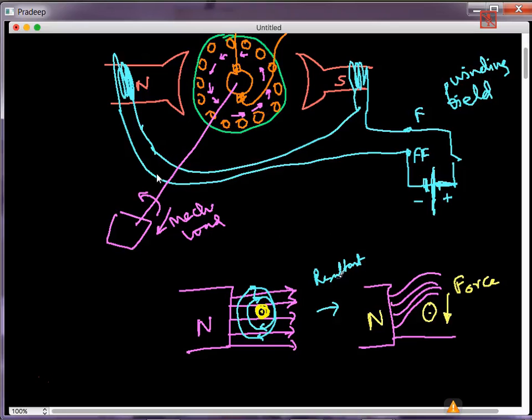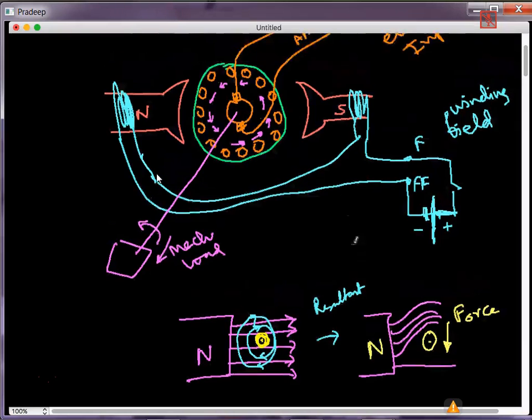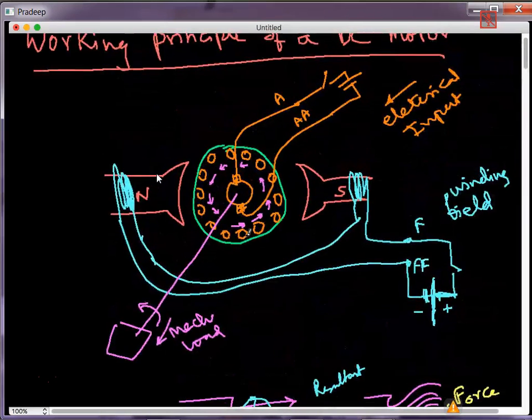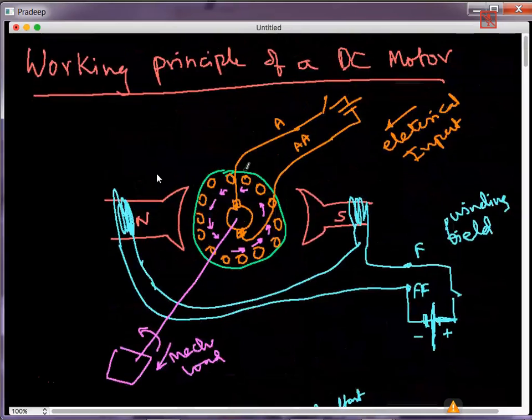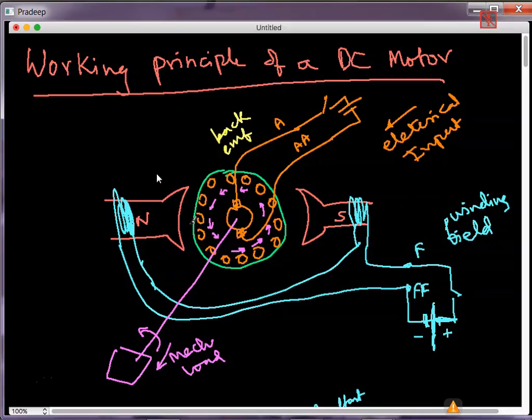Another thing also happens when the machine starts rotating. It is cutting the magnetic field, and EMF is generated in it. That EMF is called back EMF. The moment the motor starts rotating, back EMF is generated. This voltage is the supply voltage V, and this voltage is the back EMF Eb.